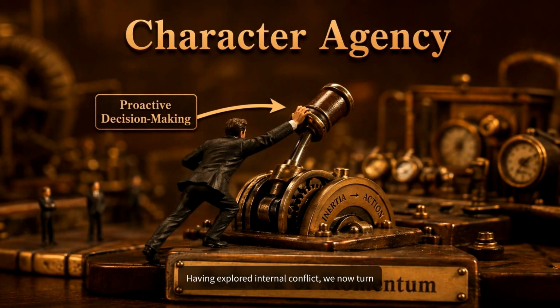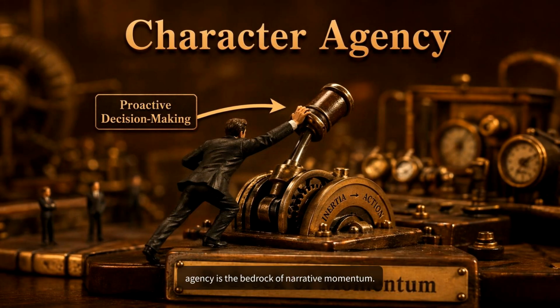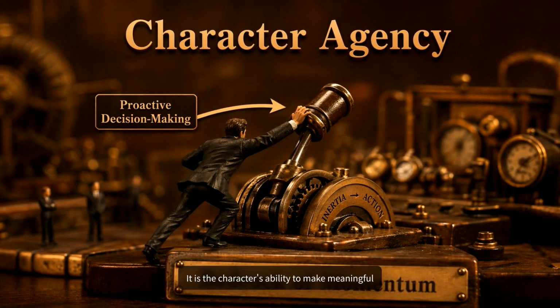Having explored internal conflict, we now turn to the mechanism that translates that struggle into action. That mechanism is character agency. In character-centric storytelling, agency is the bedrock of narrative momentum. But what exactly is it? Fundamentally, agency is defined by proactive decision-making. It is the character's ability to make meaningful choices that directly impact the plot.